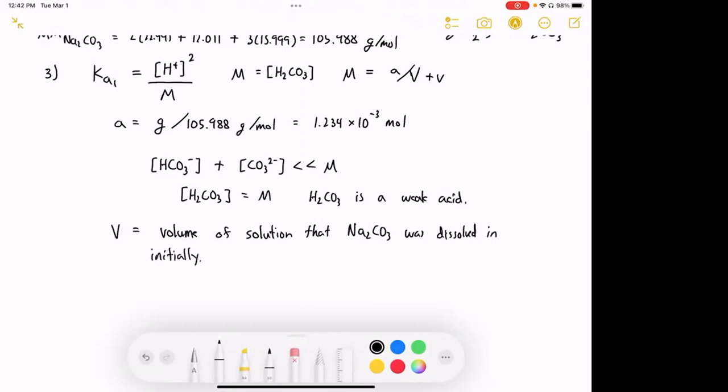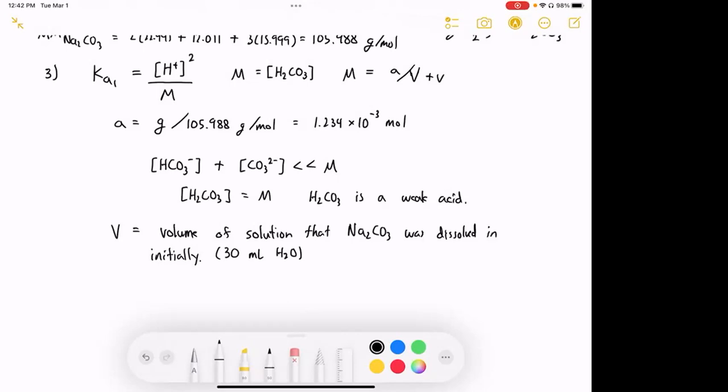So that was probably 30 milliliters of water. At the start we said we're going to dissolve in 30 mils of water, right? So yes, there is some water. Okay, so it's 30 mils of water.